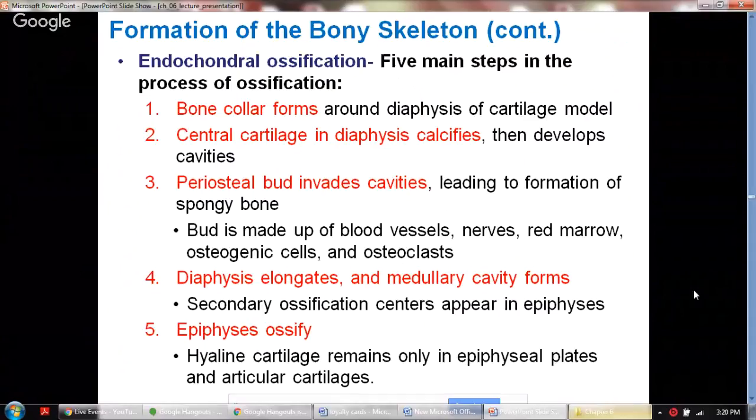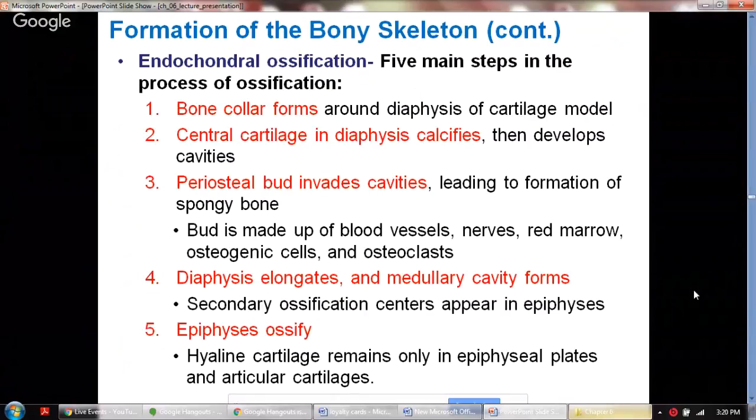If you remember, the osteoblasts are formed by the mesenchymal cells underneath the periosteum, but the osteoclasts are now coming into the bone. The periosteal bud is the one which carries them, and the invasion of the periosteal bud leads to formation of the spongy bone.